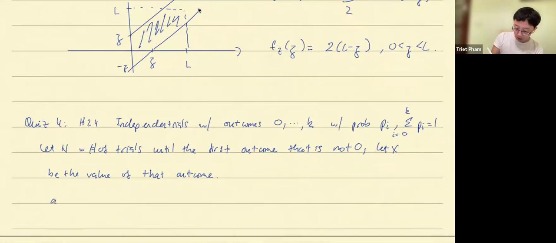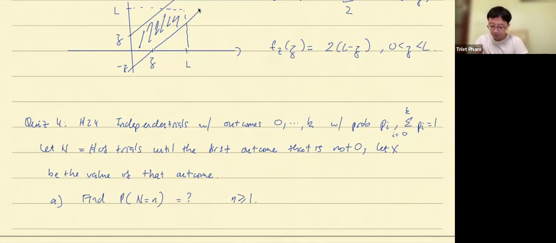Okay. Question A: find the probability that N equals n, for n equal to 1 and so on.